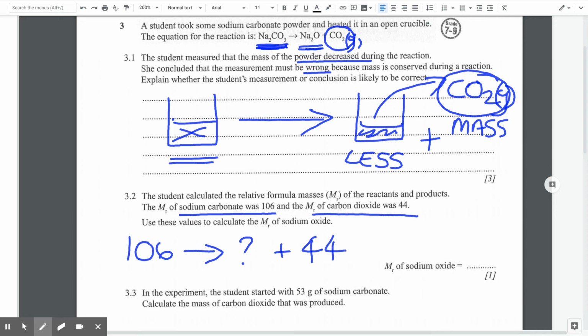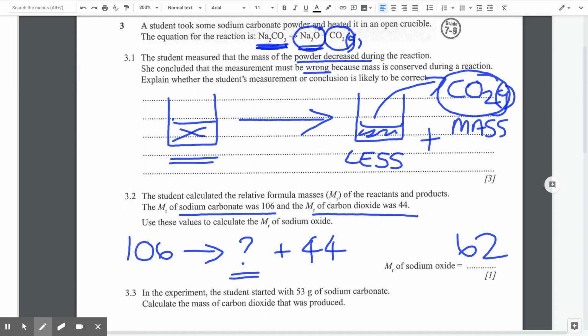And simple mathematical manipulation can work out that 106 subtract 44 is equal to 62. Okay, and so that can be calculated as being the molecular mass of sodium oxide, but it would be nice to just check it.